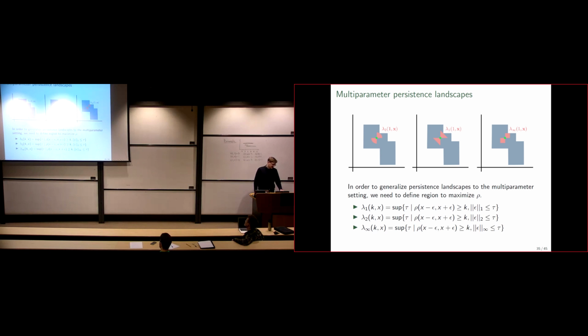So these are just a selection of options that you have. The definition is essentially exactly the same, only that this epsilon is now a vector. It's no longer just a number, because your filtration value is a vector, describing your location in the multi-filtration, parameterized by several coordinates.